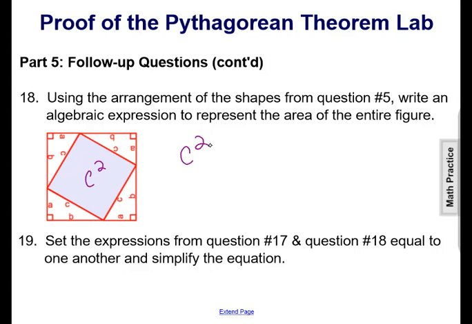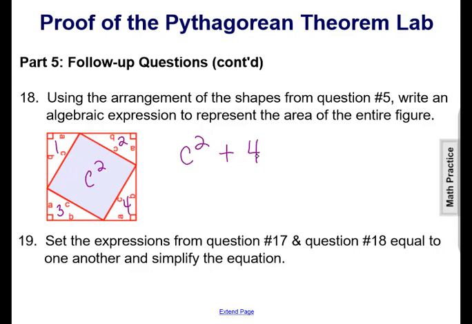But now we want the area for the entire figure, so that's going to include the area of the 1, 2, 3, 4 triangles. Thinking of our formula for the area of a triangle, that would be 1/2 base times height, which we know all 4 triangles have a base times height of AB. So to find the area, we would start with that C squared for the middle square, but then you would have 4 to represent the 4 triangles.